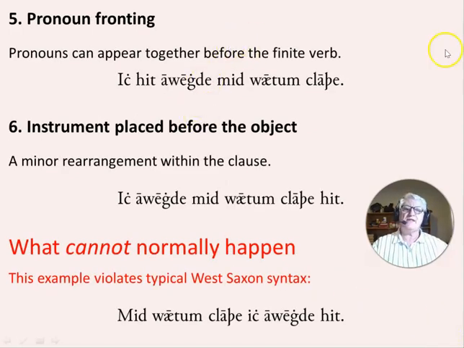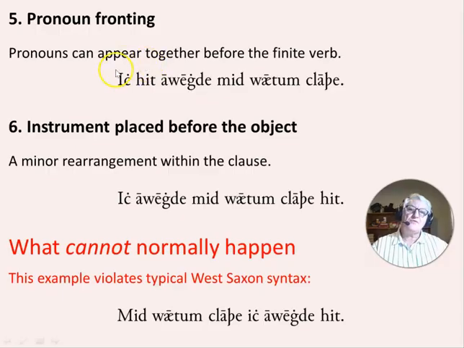Next one, pronoun fronting. It is quite common to put the two pronouns together at the front. Funny, isn't it? So the pronouns make a single unit. Then you have the verb, so you've still got verb second. So pronouns can appear together before the finite verb. Ich hit āwēģde mit wētum clāþe. And these form a unit. I, it, wiped with wet cloth. To our modern English ear it sounds weird and stilted and something from the past, but it's not unintelligible to us.